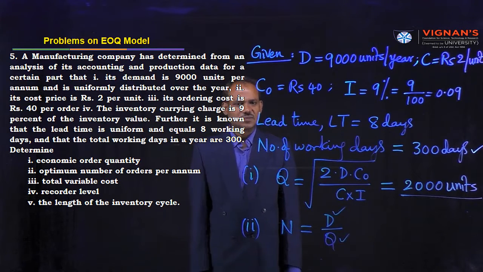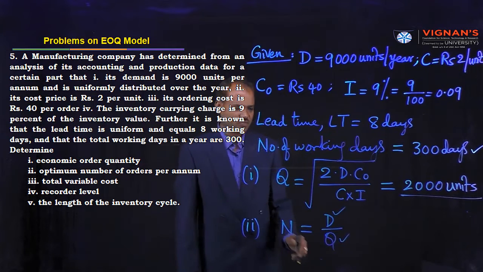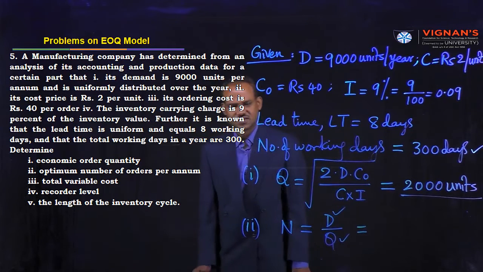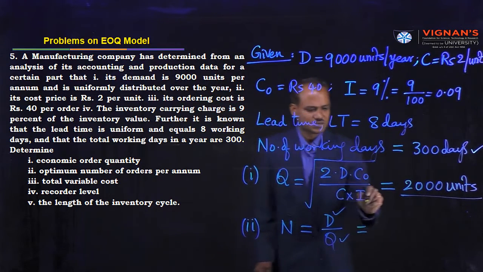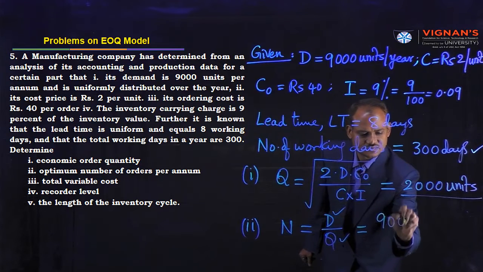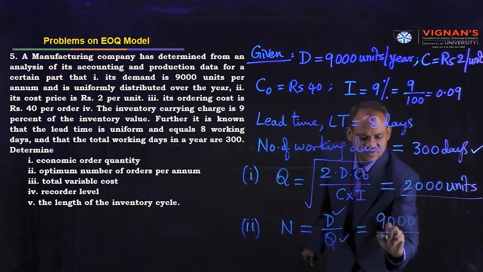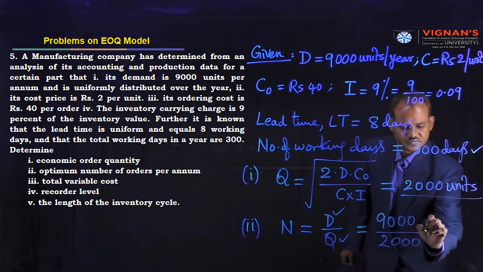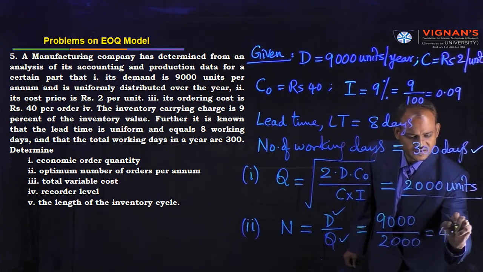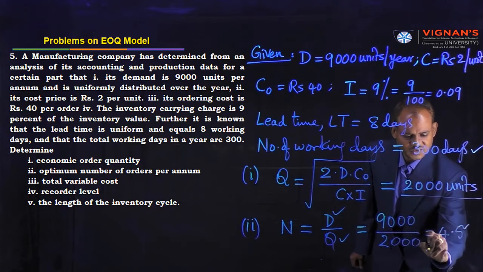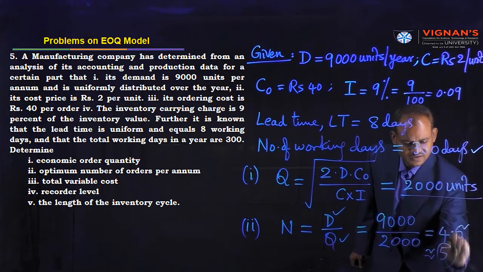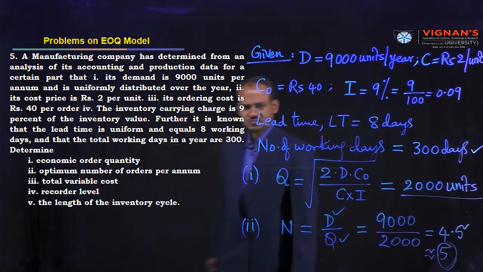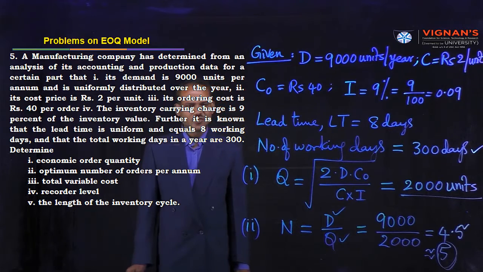Therefore, number of orders is equal to D by Q. Simply substitute. D is equal to 9000 divided by Q, which is 2000. Therefore 9 by 2, 4.5 orders, approximately 5 orders. 5 orders in a year. This is the second question.